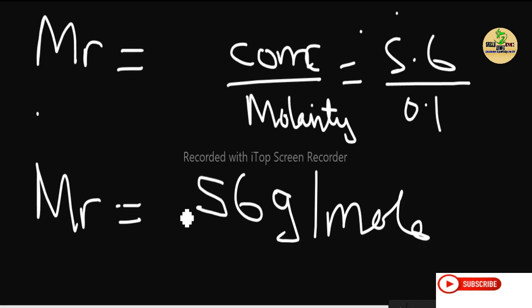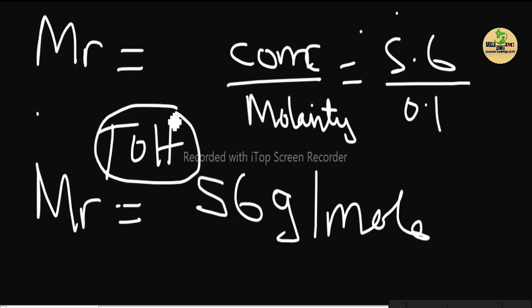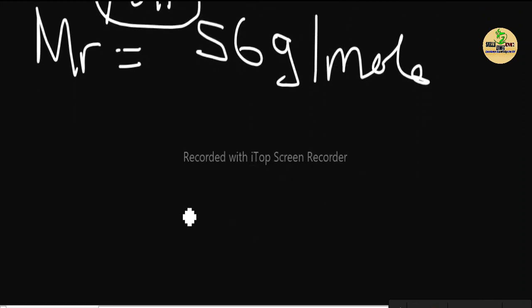And the last procedure or the rest value, we are required to find the atomic mass of T from this compound. Let's proceed to solve in order to complete our question.